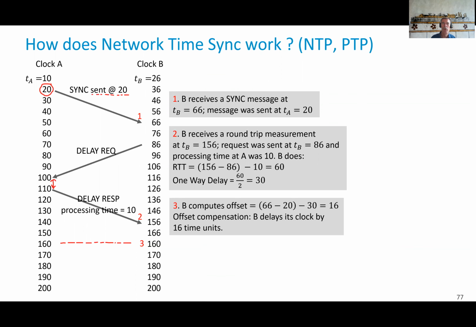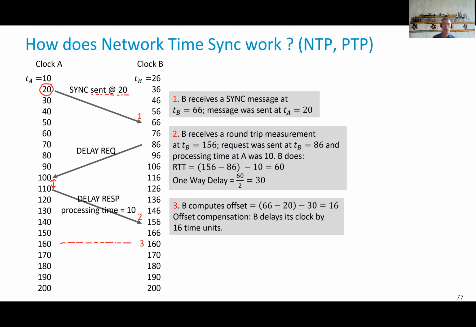We see that clock B is 16 time units ahead of clock A. That's the offset difference that I mentioned before. The goal of this protocol is to compute this 16 and make sure that B will get back to the same offset as A. So here, A is the master clock and B is the slave clock.